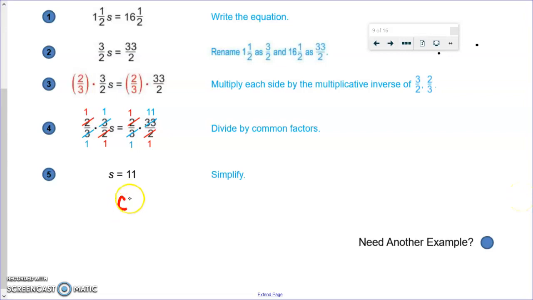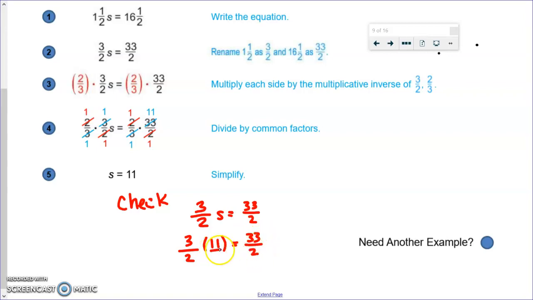Well, again, we always want to check to make sure that our math was correct. So taking our 3/2 s equals 33 over 2, I'm going to replace my s with 11. I can make my 11 a fraction by sticking it over 1.